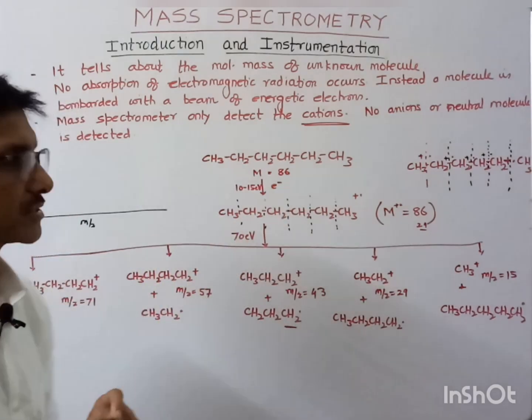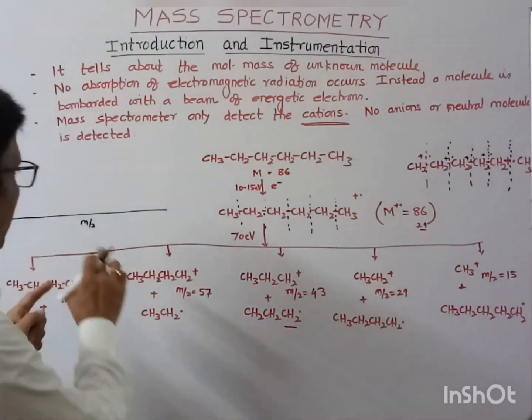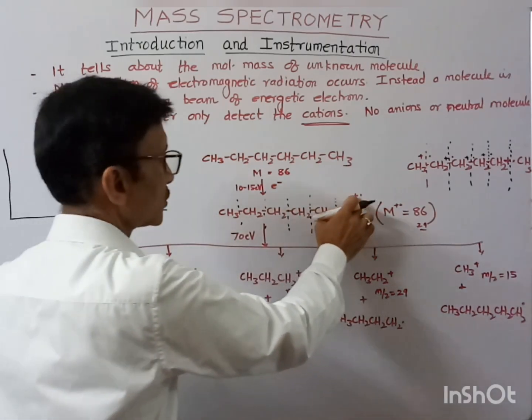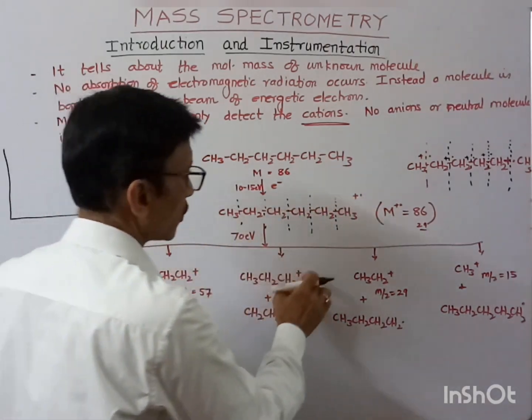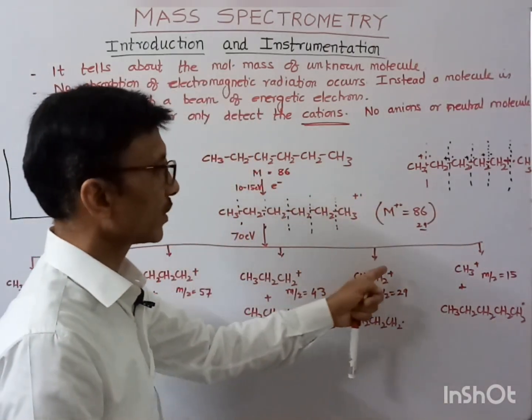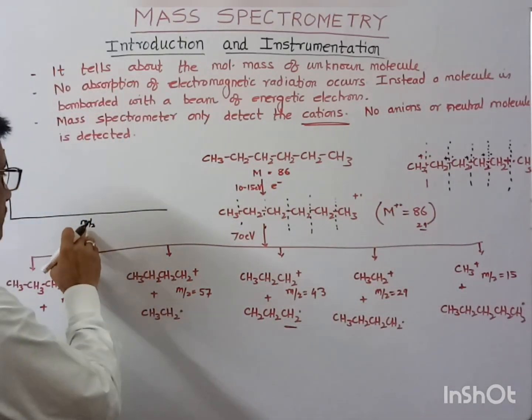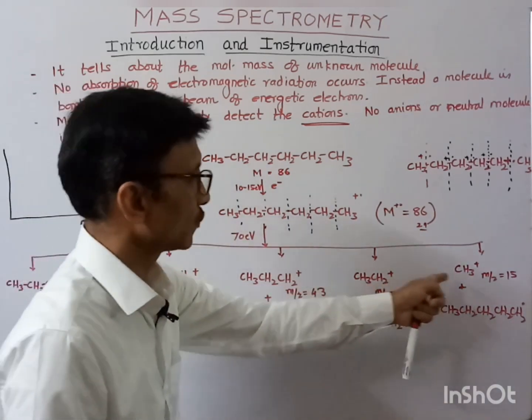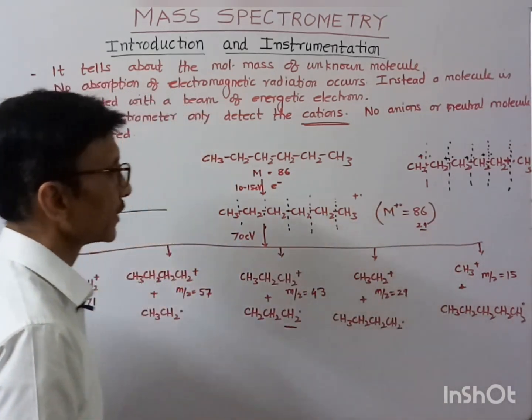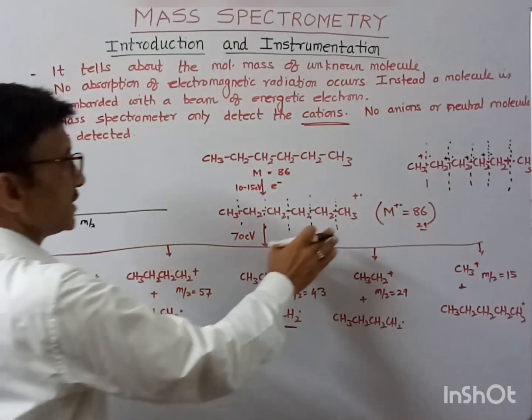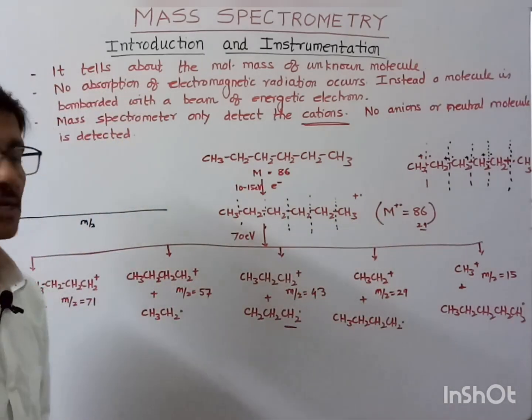For each fragment or molecular ion, z is 1, since only one positive charge is present. So m is the molecular mass of all these fragments. Here 86 is the molecular mass of this cation.